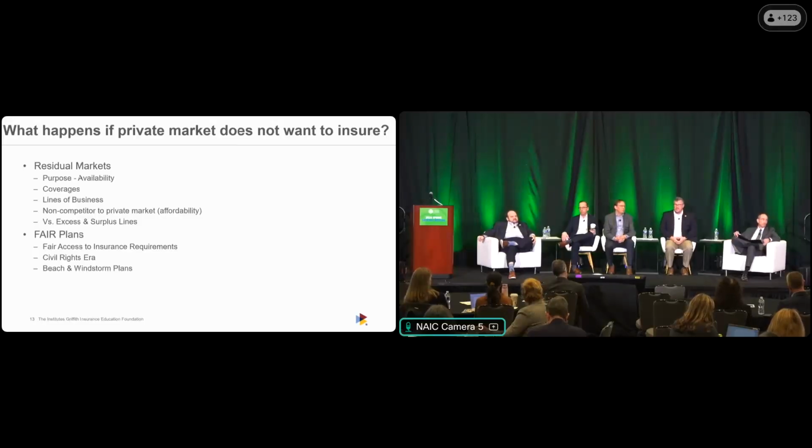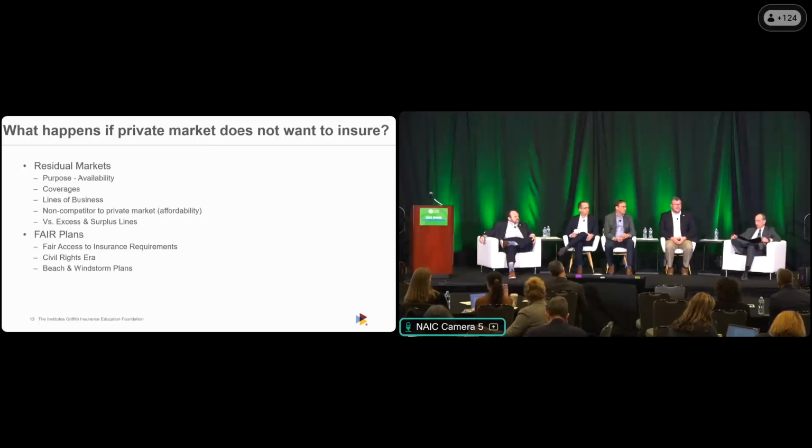And what we found is that there were a number of states who didn't have an issue. There was no need for a fair plan in some states. They didn't have urban issues that other states were running into. They didn't have high concentration urban areas to even worry about. So a number of states, and Stephen will talk a little bit more about it, put fair plans in place. And that is the access to insurance requirements.